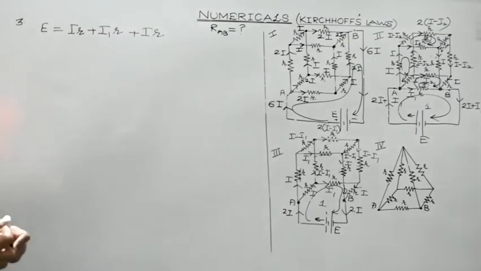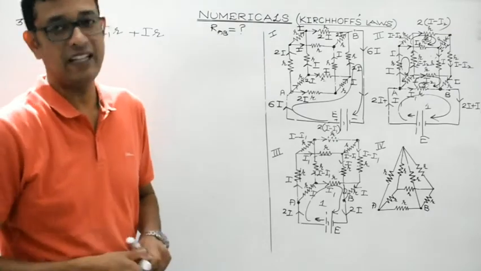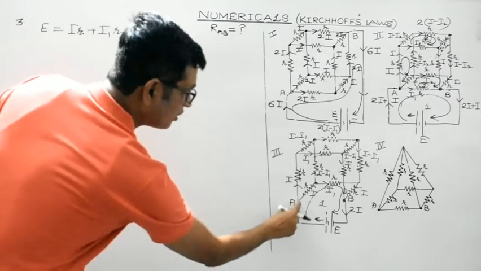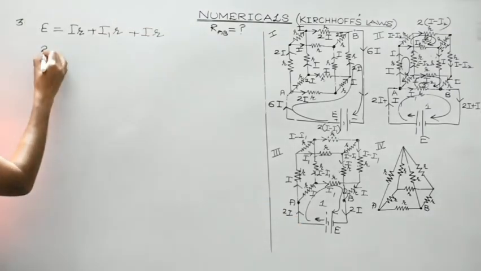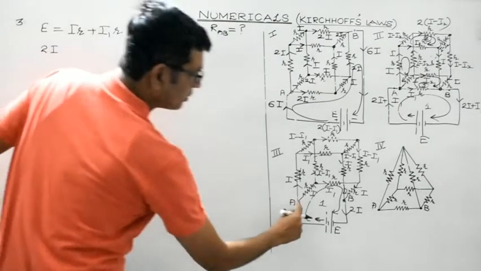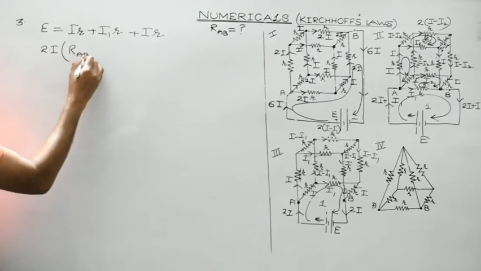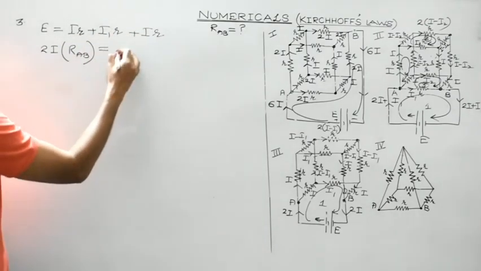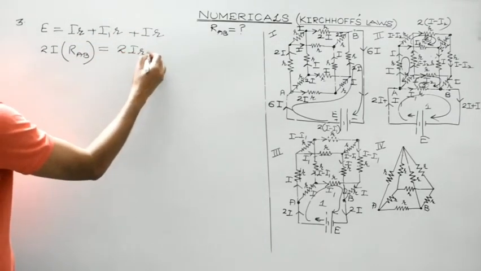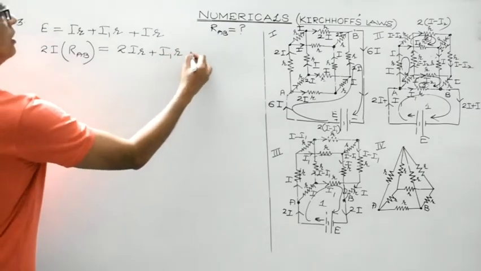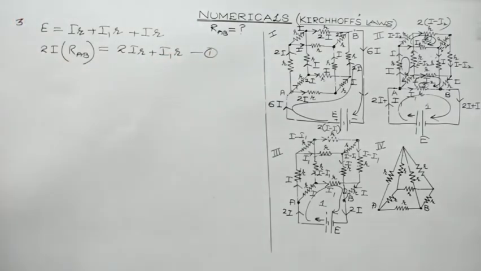Now net EMF is net current multiplied by net effective resistance. Net current through the circuit is 2I. Net resistance between the points A and B, which is to be found, is considered to be RAB, so E equals 2I RAB, which equals 2IR plus I1R. Put this as equation 1.